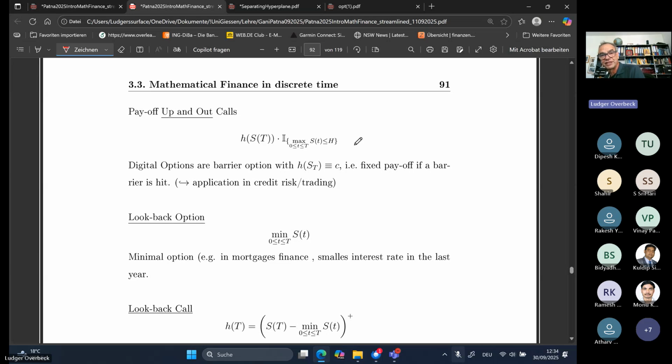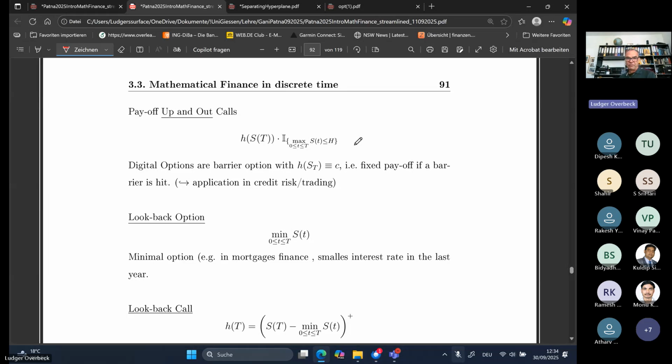It's a digital. It's an event where you are just betting that the BioNTech share will stay below a certain level. They have all different names, up and out call.